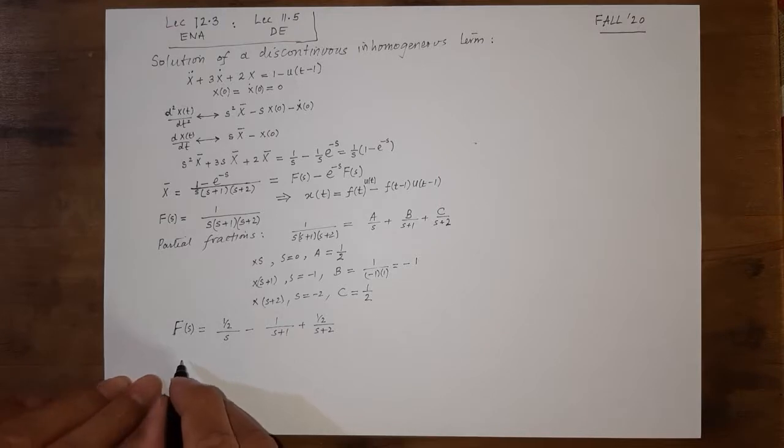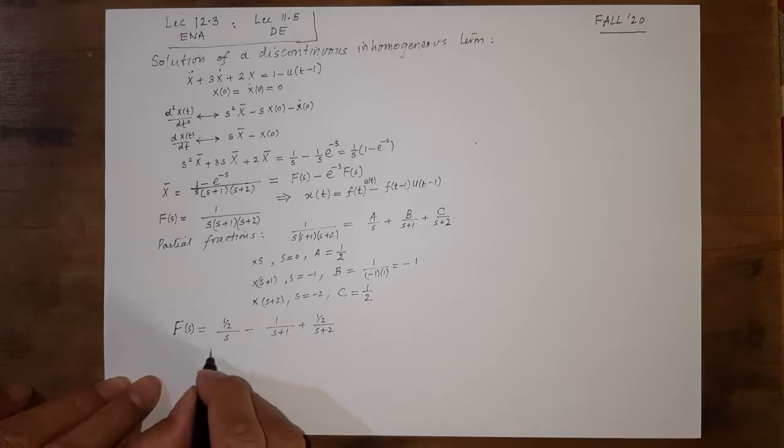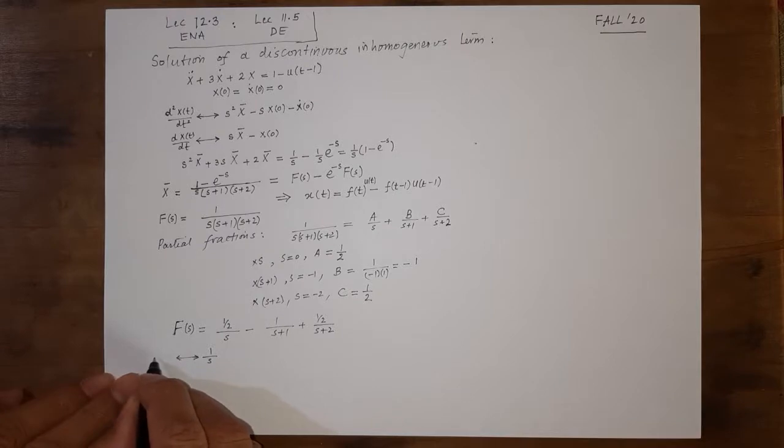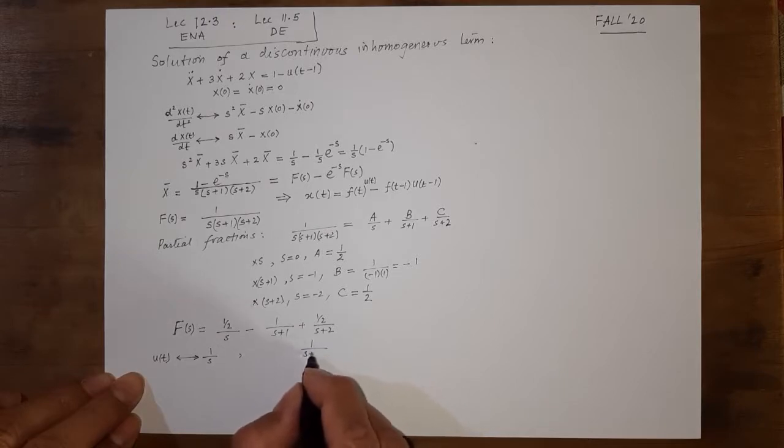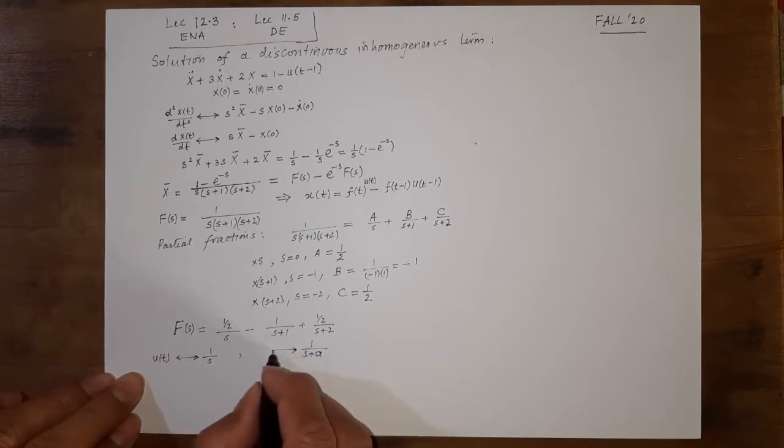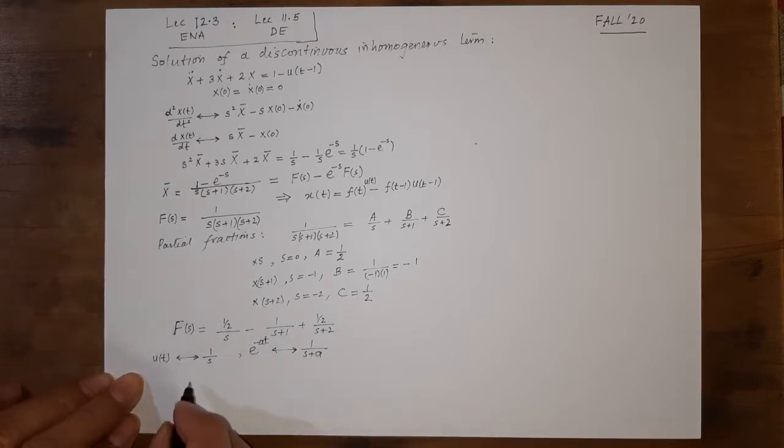And if you see the tables of Laplace transform, you can find such an entry that 1 over s is the Laplace transform of 1 or u(t), and another entry that 1 over s plus a is the Laplace transform of e raised to the power minus at. u(t) is implied.